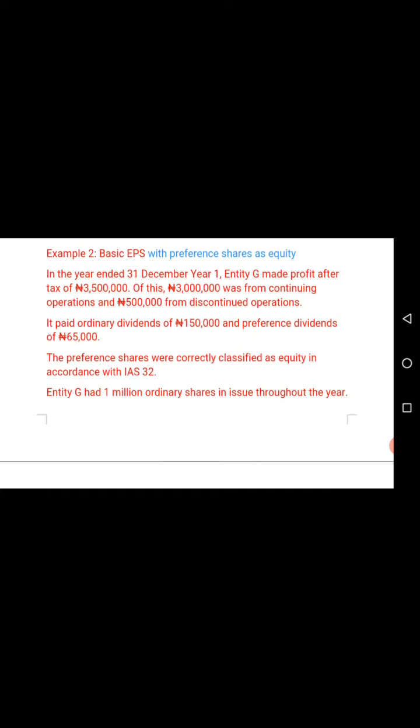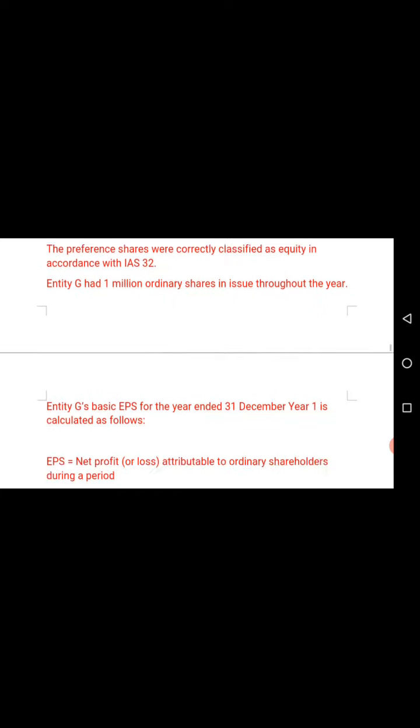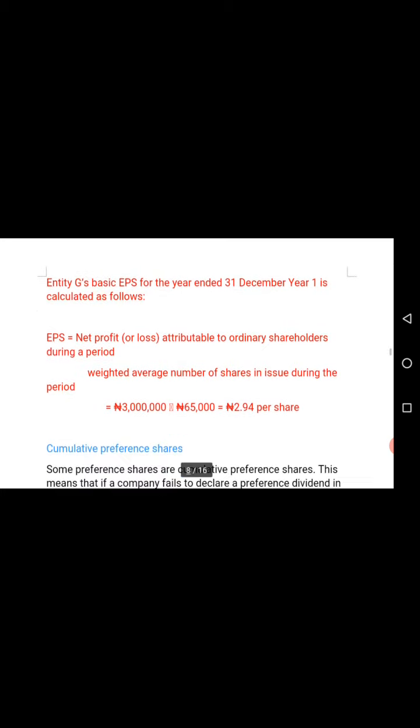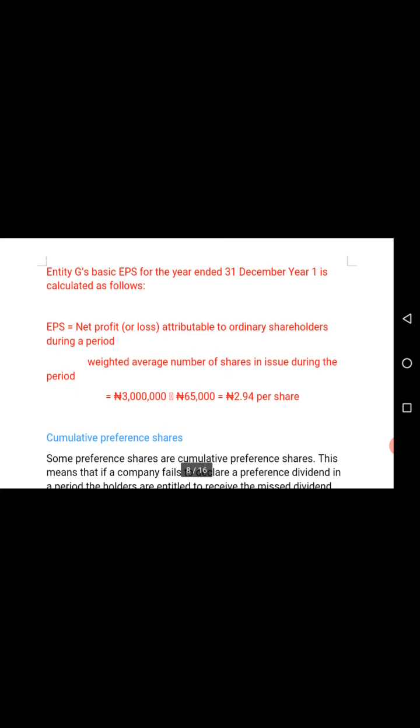So we have 3 million less 65,000, which gives us 2,935,000. Then we divide that by 1 million shares. It will give us 2.935 per share.